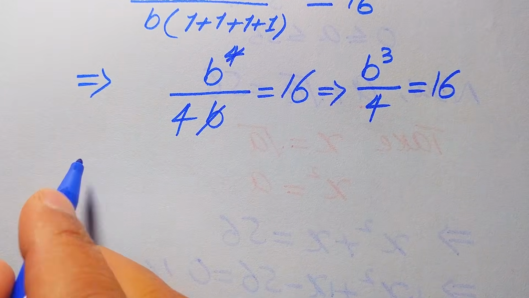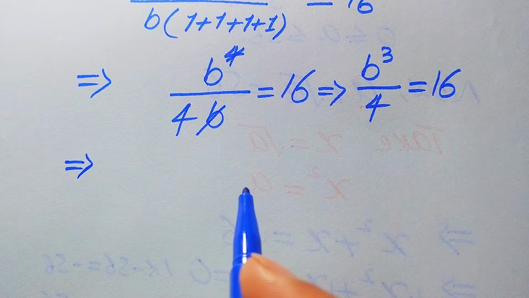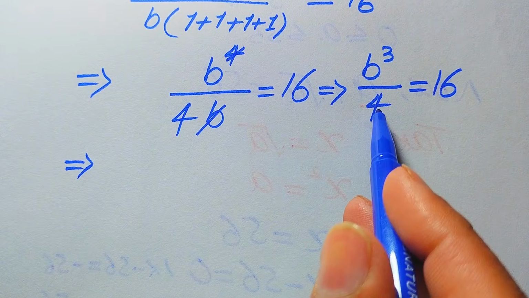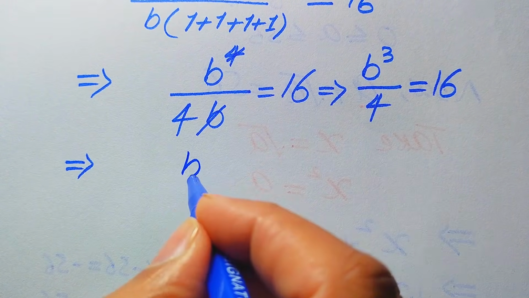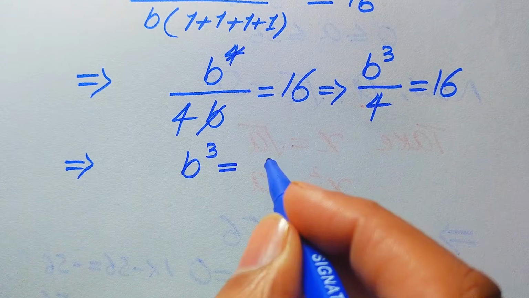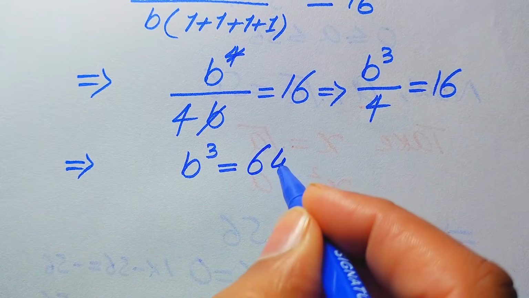In the next step we move 4 to the right hand side, and it will be written as b cubed is equal to 4 times 16, which is equal to 64.